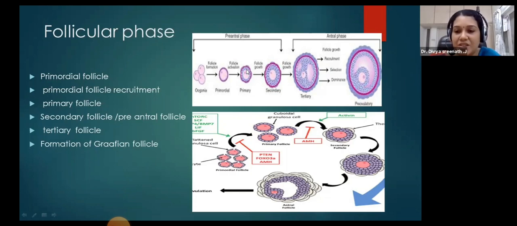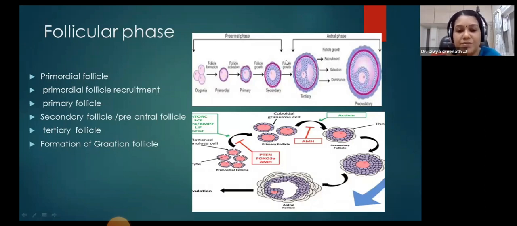When the follicle reaches 20 millimeters, it usually ruptures. We can assess the follicular growth by a follicular study, that is, by transvaginal ultrasonography, from the 10th day of the menstrual cycle up to ovulation.